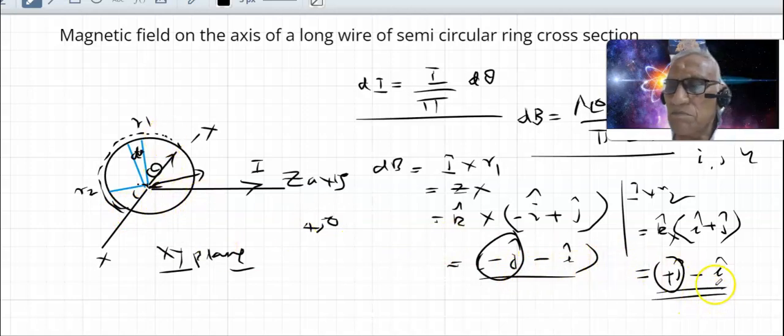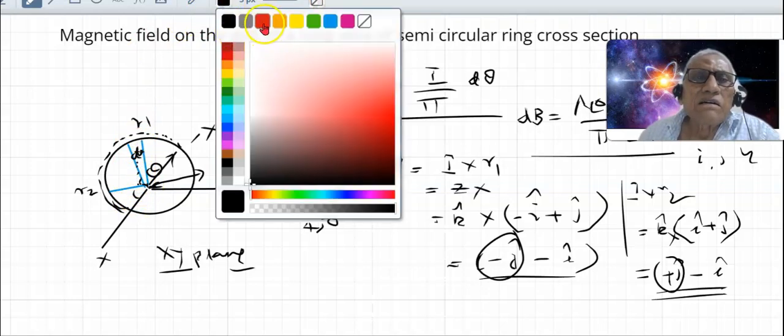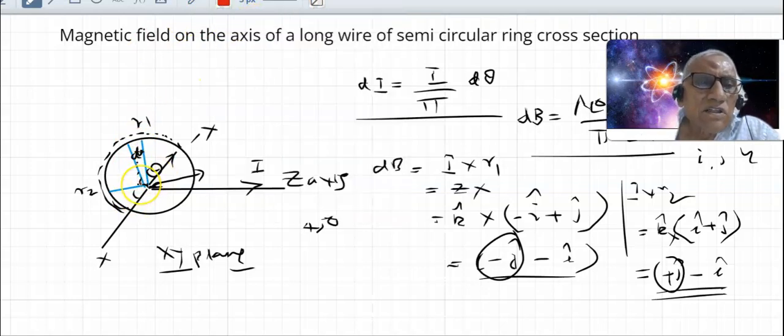Now this is plus j minus i, so it will be going in this direction. This one will go in this direction. So that will give us plus j and minus i, and the j components will cancel.